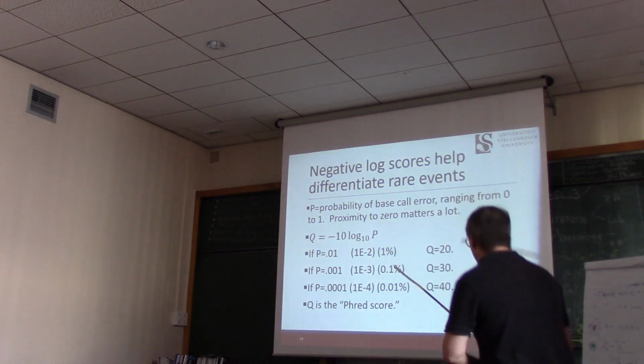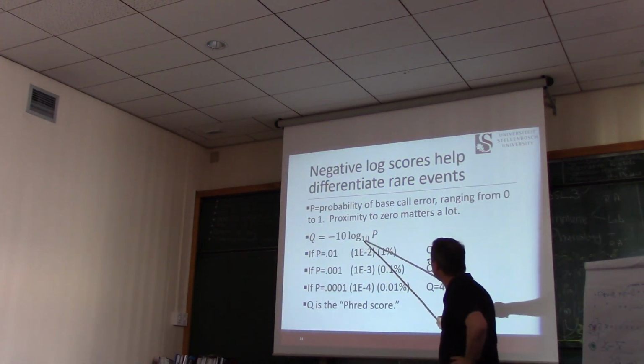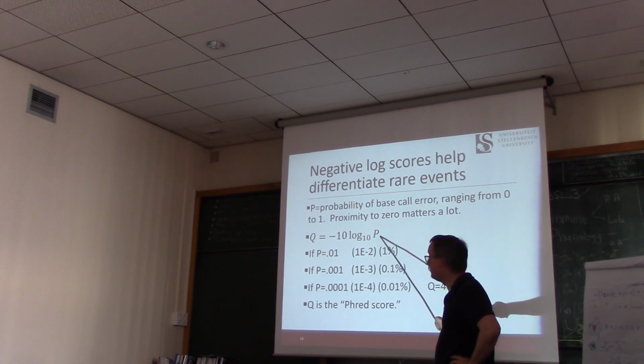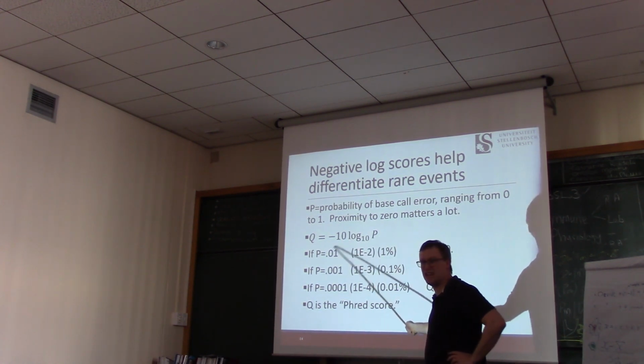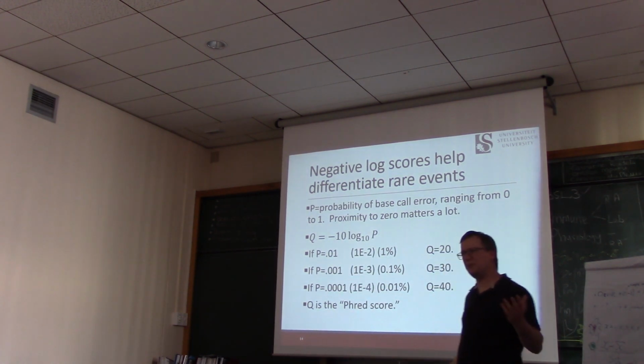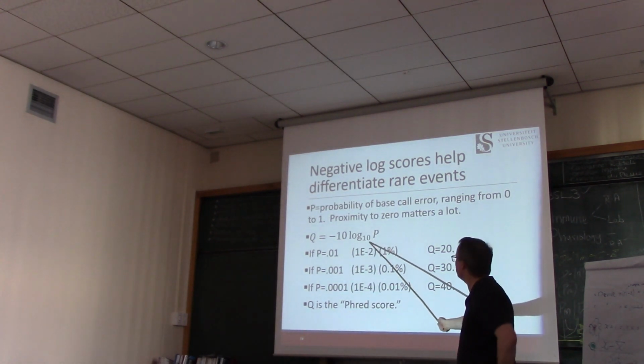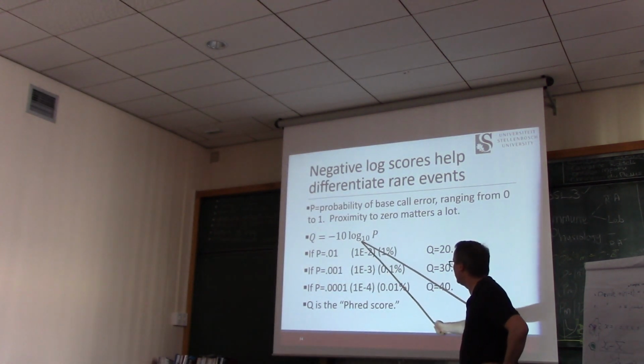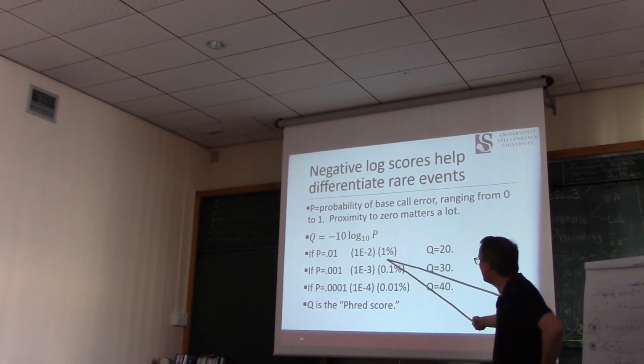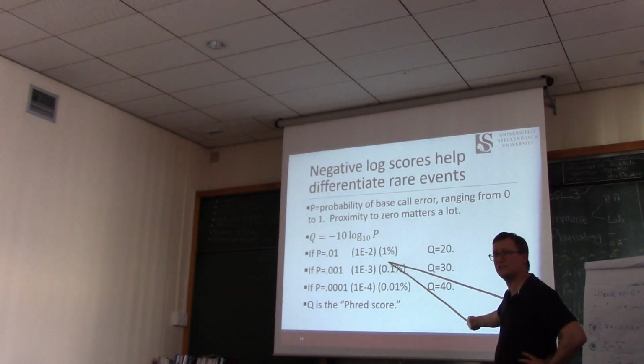Now, the math for this is log base 10 of the probability of error multiplied by negative 10. Why do we do that? Well, first off, this is a log base 10, so it is pretty easy to map. A moment ago I was talking about percent chances of error.